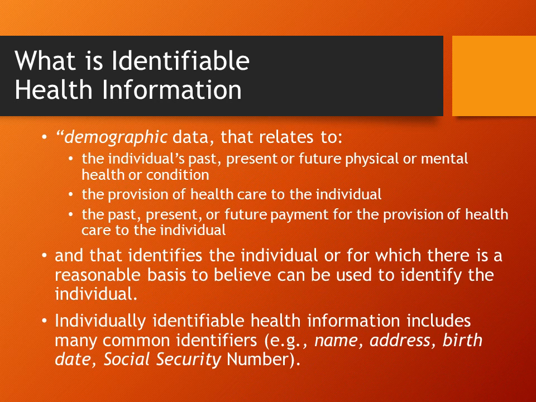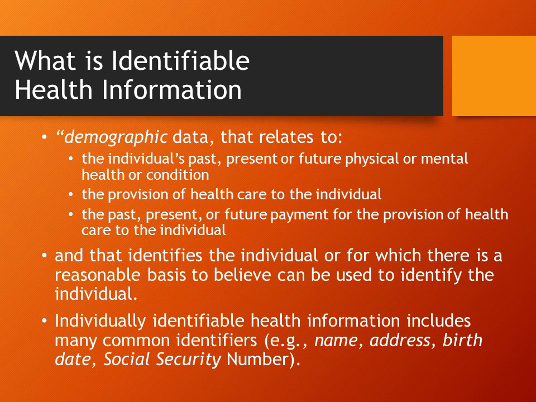So what is identifiable health information? Well, there is demographic data that relates to the individual's past, present, or future physical or mental health or condition, the provision of health care to the individual, or past, present, or future payment for the provision of health care to the individual.